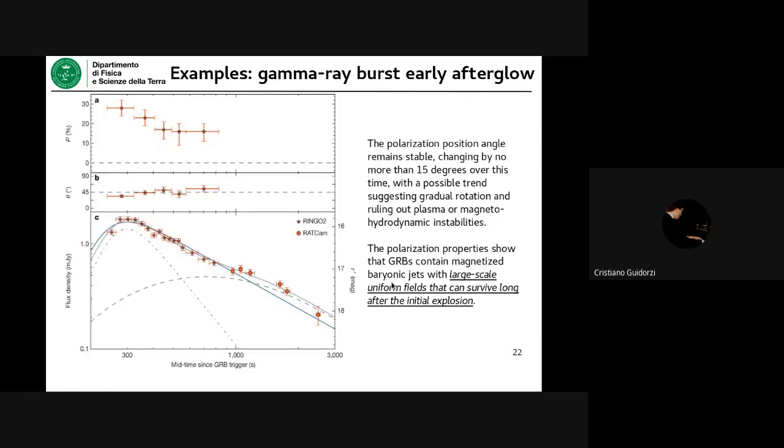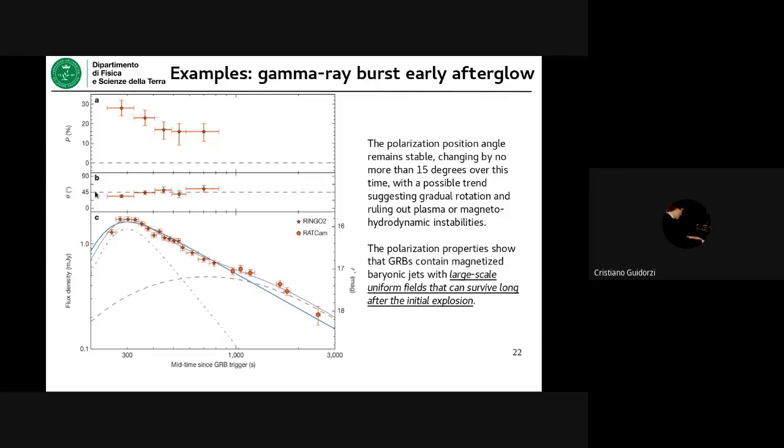In particular, we studied how the polarization degree varied as a function of time. This is time in log scale, in seconds. And here is the polarization angle. In the bottom panel, you just see the flux. The flux was decaying, but I don't care about this. Look at the top panel and the middle panel. The top panel is telling you the polarization degree, so you see a slight decrease as a function of time.